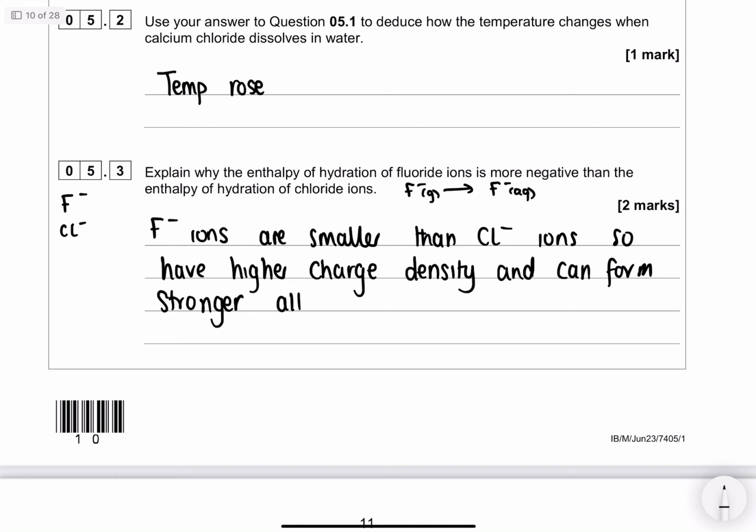And which bit of water would a minus ion attract? They're going to attract to the delta plus H in water.